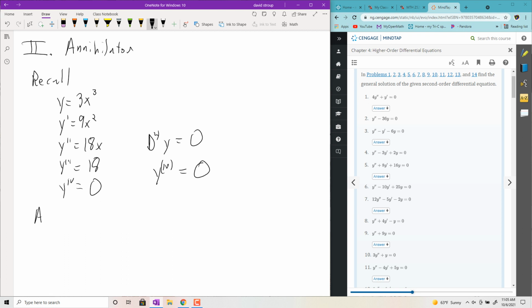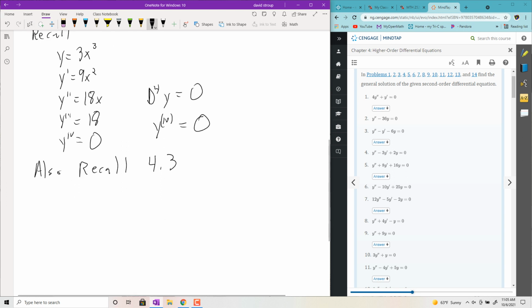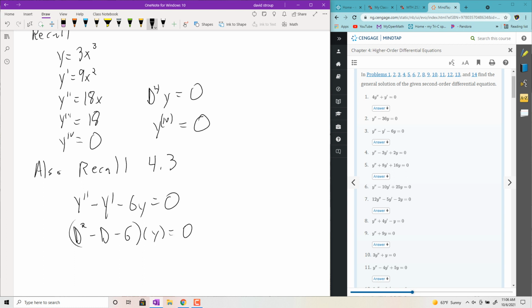Also recall the 4.3 stuff, things like y double prime minus y prime minus 6y equals 0. We could rewrite it with our differential operator notation: D squared minus D minus 6 of y equals 0.